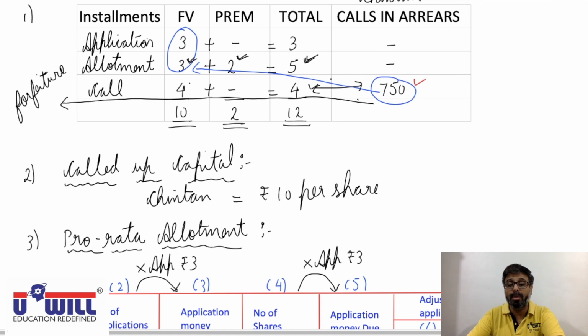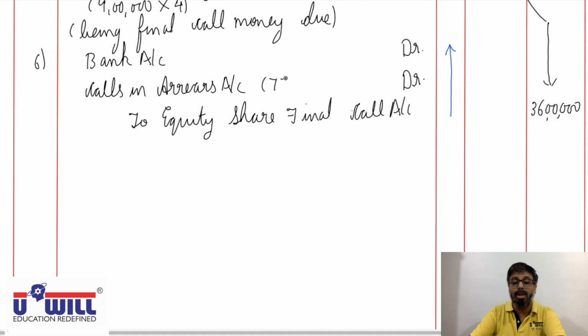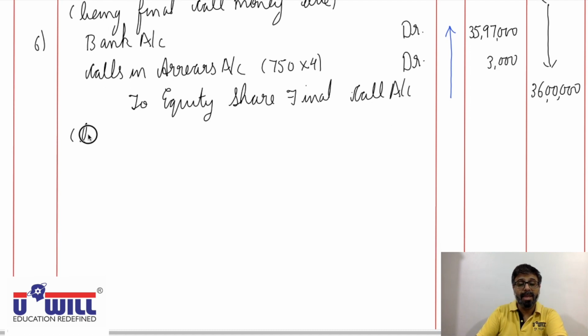These two we have to multiply, so 750 into 4, 3000 are calls in arrears. And 36 lakhs minus 3000, 35 lakh 97,000 is the money received. I hope everyone is clear with this. Being final call money received.